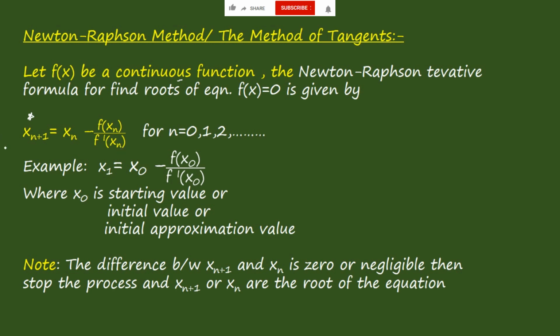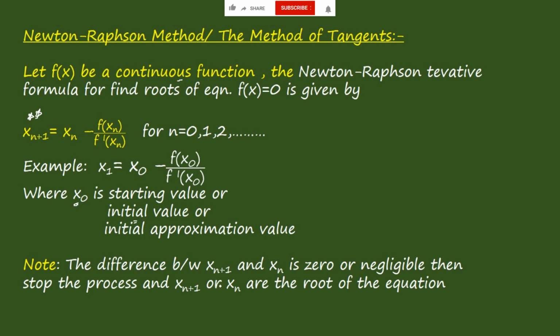If you consider n is equal to 0, then we get x of 1 is equal to x0 minus f of x0 by f dash of x0, where x0 is the starting value, the initial value, or initial approximation value. This is an important formula you have to remember.